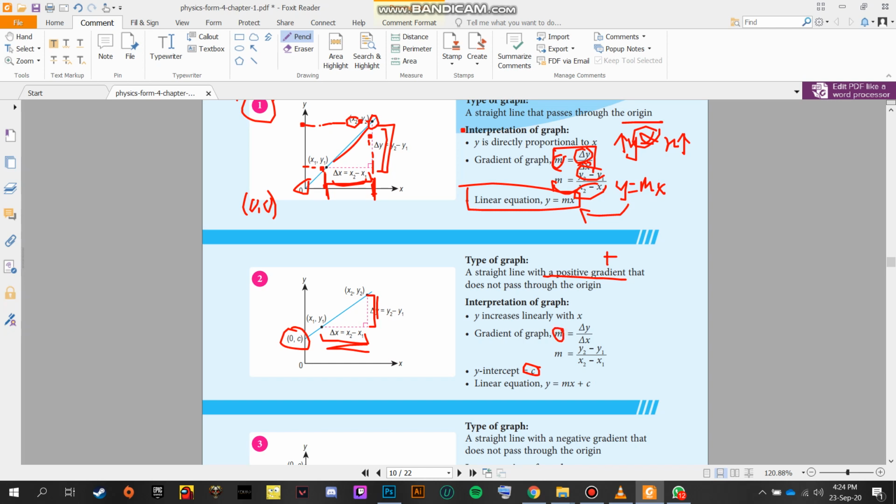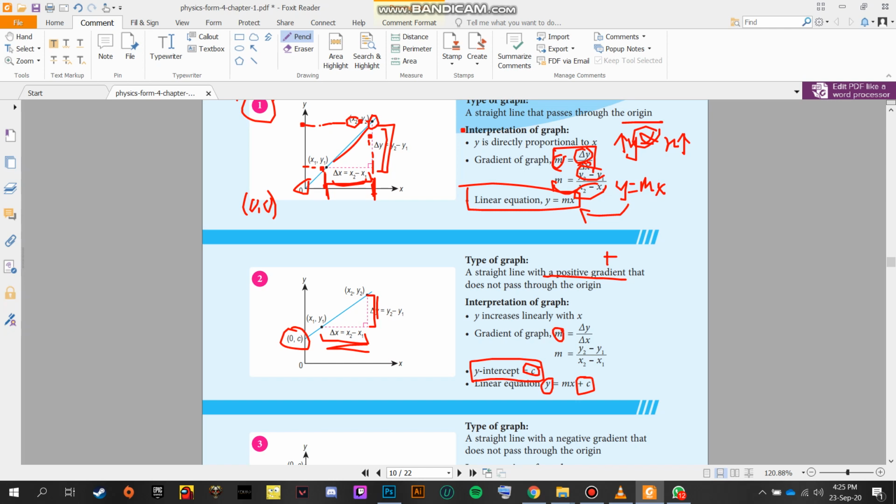There we go. And because we have a y-intercept, right there, we have to add the y-intercept to get y, if we have m and x.